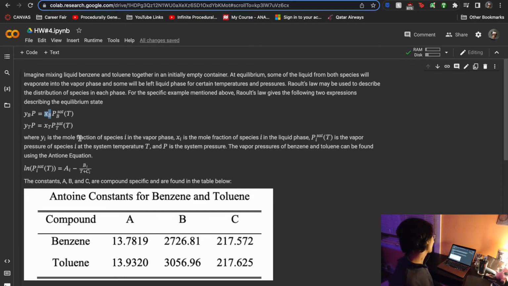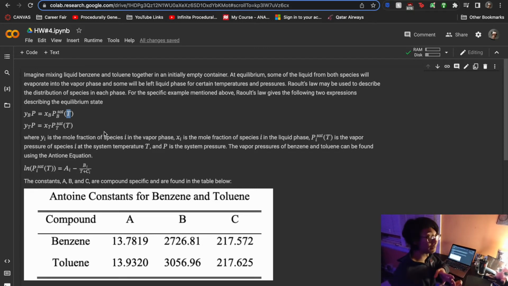So right now we have 3 unknowns, XB, XT, and T. But we only have 2 equations, which are our 2 equations of Raoult's law. But now what we remember is that the sum of XB and XT, the mole fractions of benzene and toluene in the liquid phase, is always equal to 1. So that is our 3rd equation.